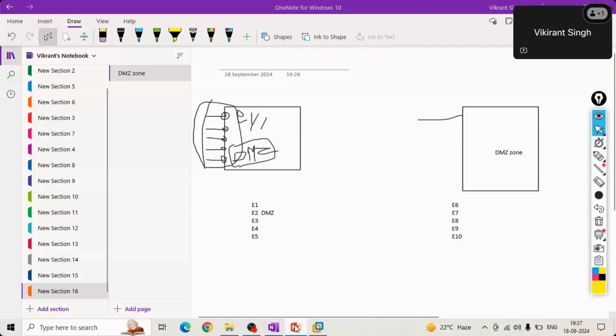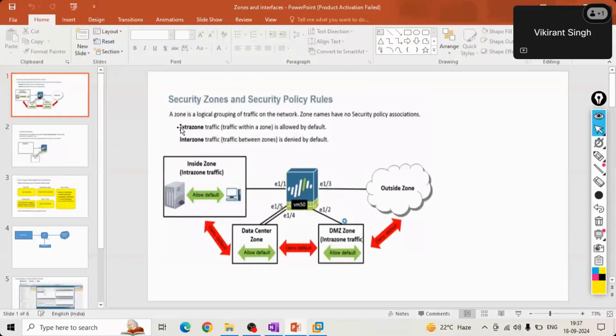See, in Palo Alto, intrazone traffic, traffic within a zone, is allowed by default. Interzone traffic is denied by default. What is interzone traffic? Interzone traffic is traffic between zones, not within zones.